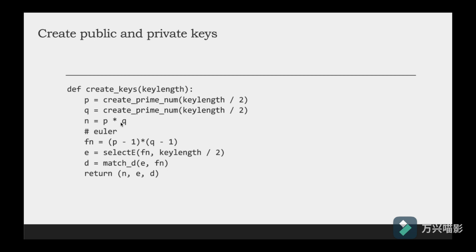And also we will calculate the Euler function value here, which is computed from P and Q. The function that produces the public key and private key, we will show you on our next page.